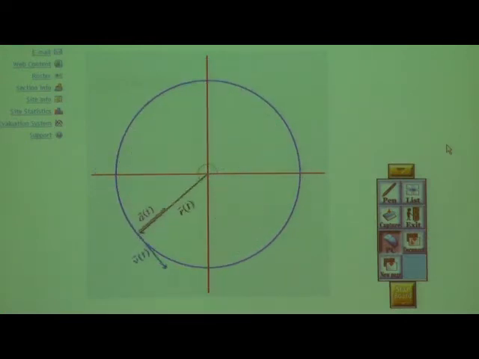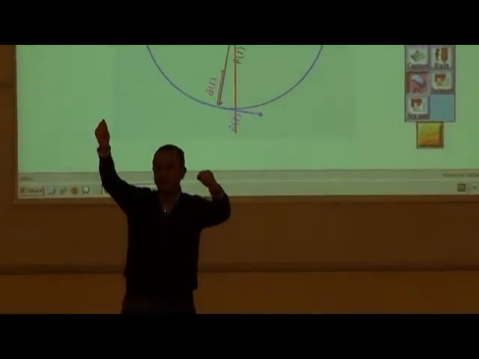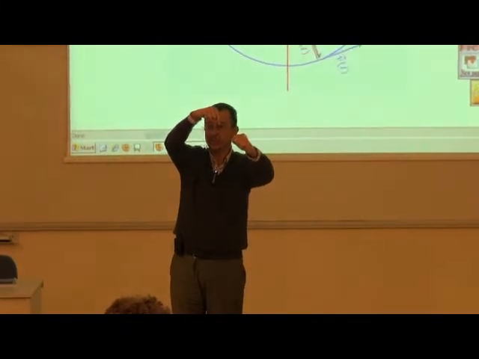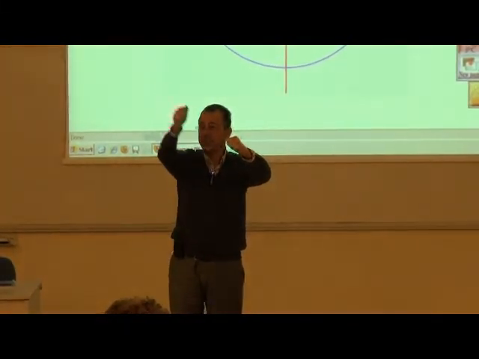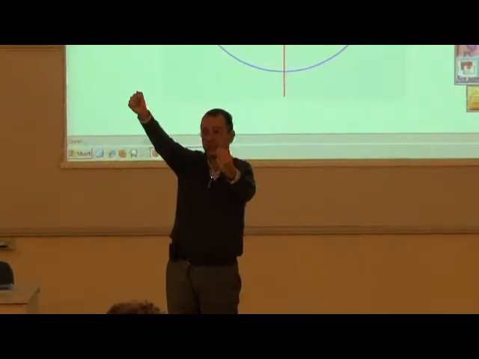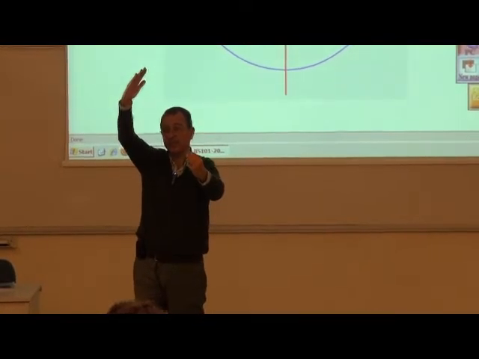So what does this say? The acceleration is always pulling towards the center of the circle. The position is away from the center to the point. The acceleration is towards the center. The velocity is tangential. Acceleration is the change of velocity.